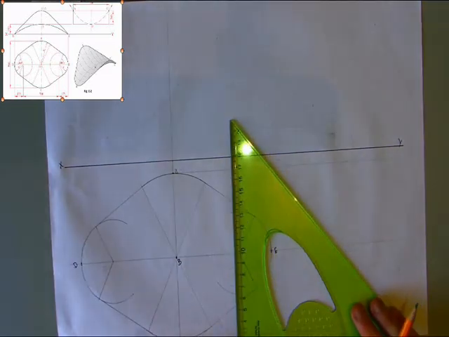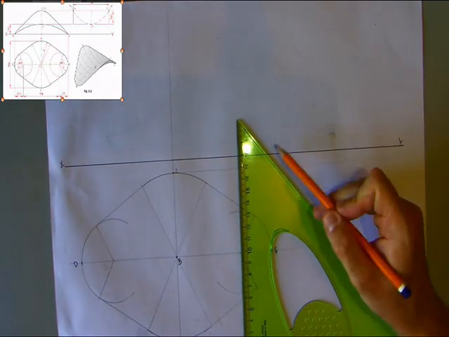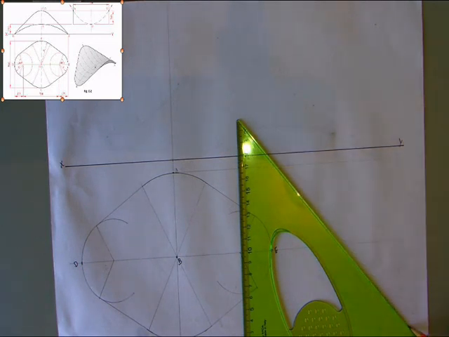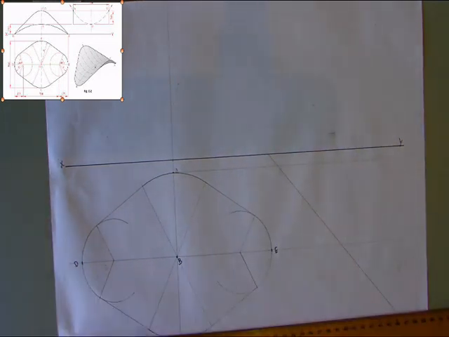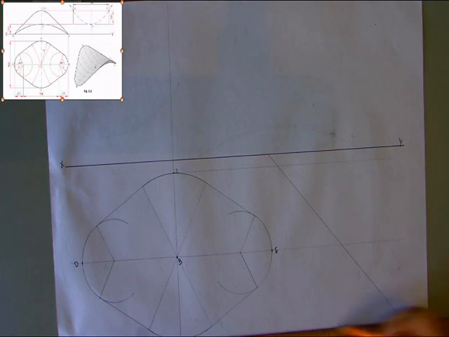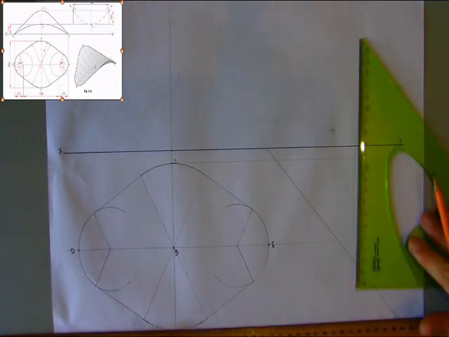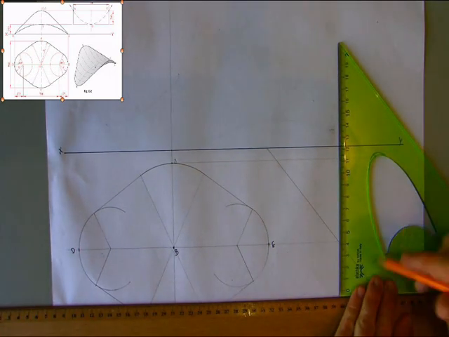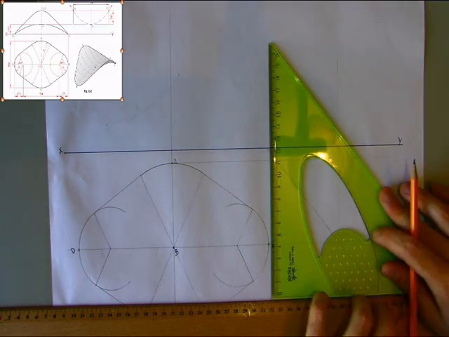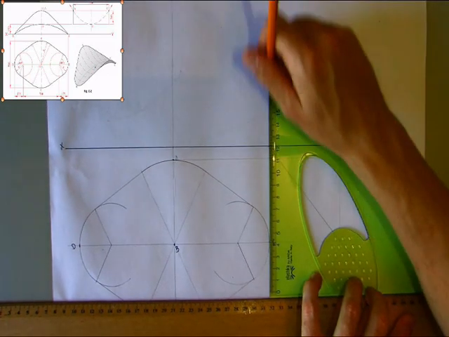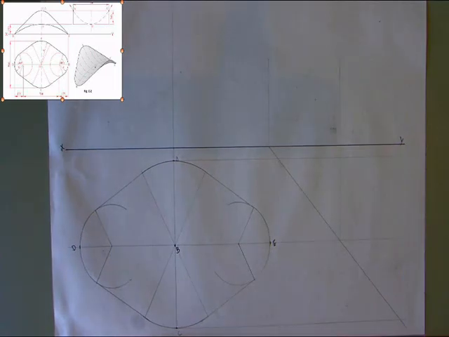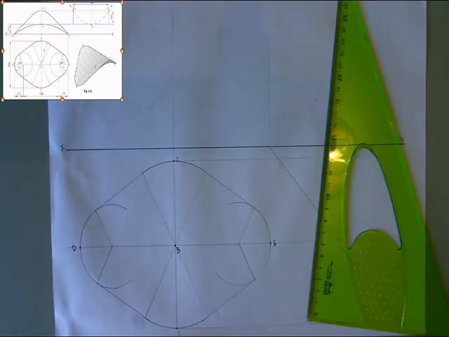So we're coming at an angle of 45 degrees from there. That'll help me draw in my parabola here in the end view. So I don't have to use any measurements. This should equal 700 automatically.